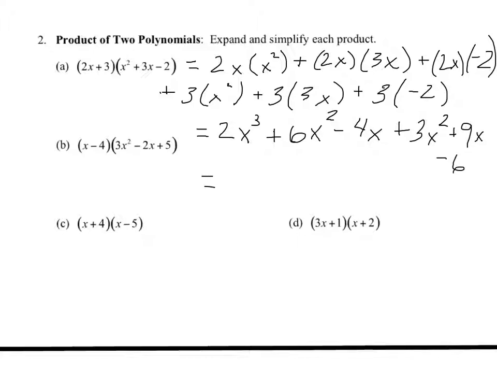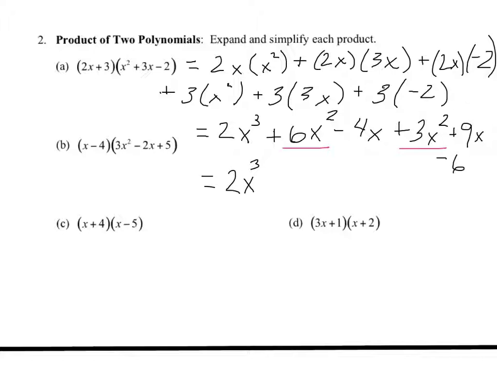And the last step, after I've multiplied everything, is to add all like terms. So I don't have any x to the thirds other than the 2x to the third. So I'm going to have 2x to the third. I've got a 6x squared here and a positive 3x squared there.